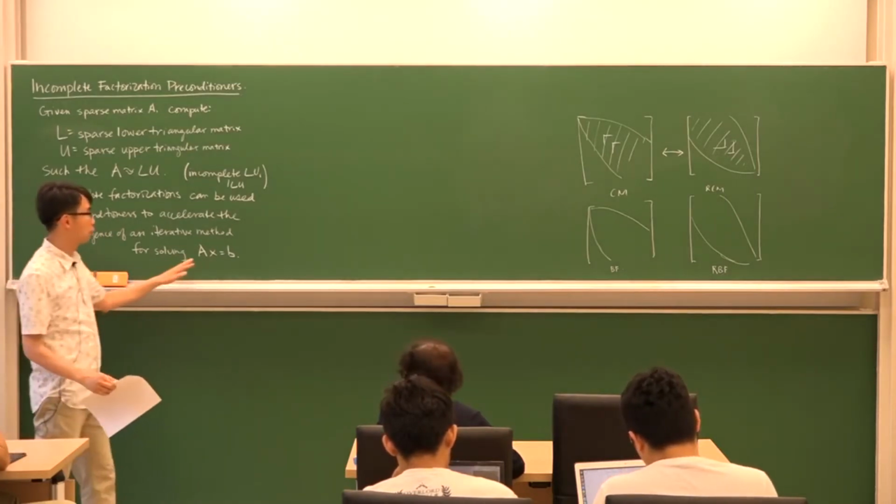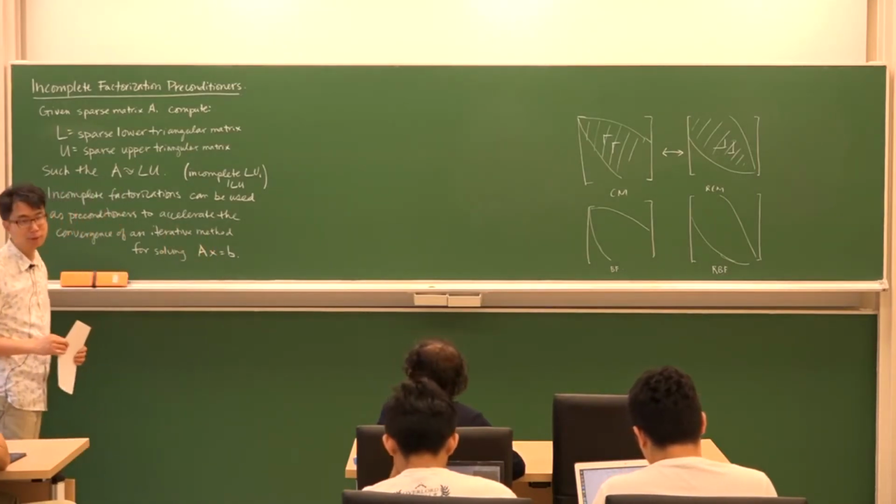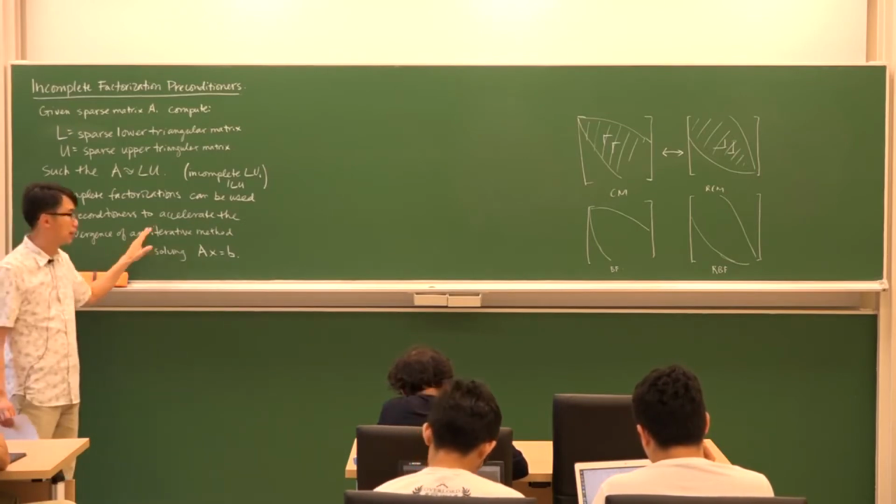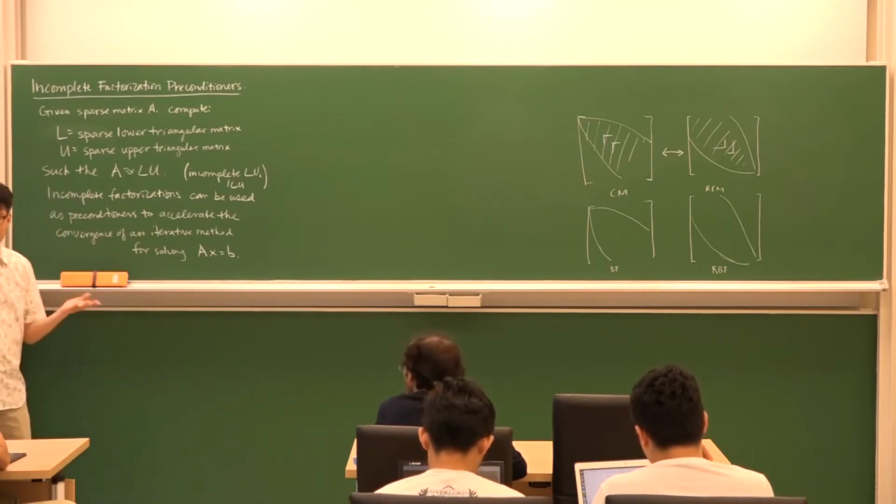I know I used Au equals f before, but I'm going to stick to Ax equals b now. And one example of an iterative method is the conjugate gradient method.